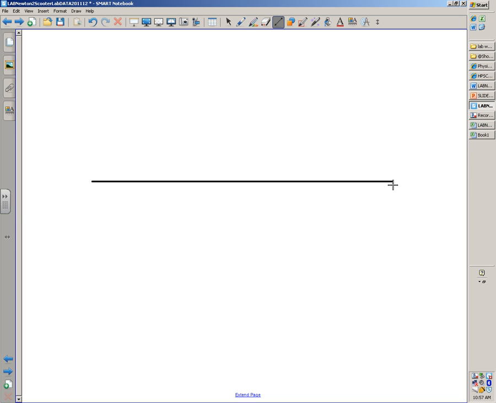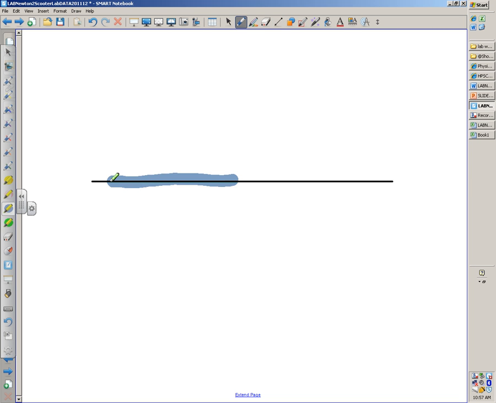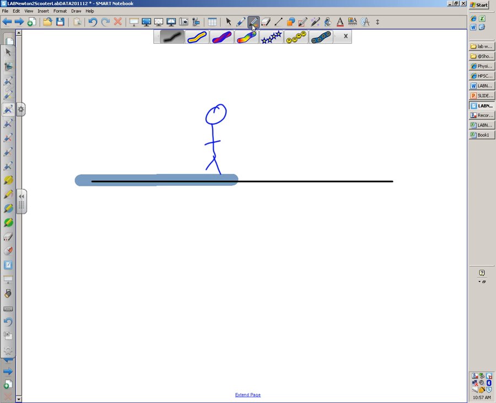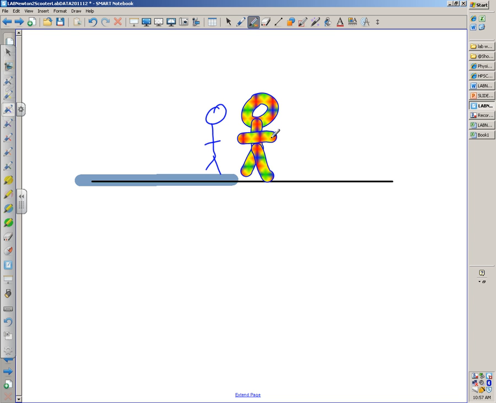Okay, so there's the floor, but this part of the floor is an ice skating rink. That part isn't. So here's our own version of Blue Girl, okay? And there's our own version of Striped Girl, okay?